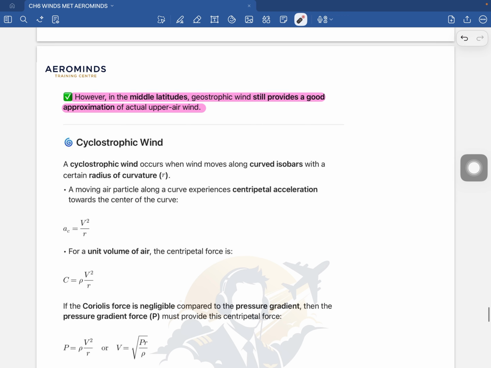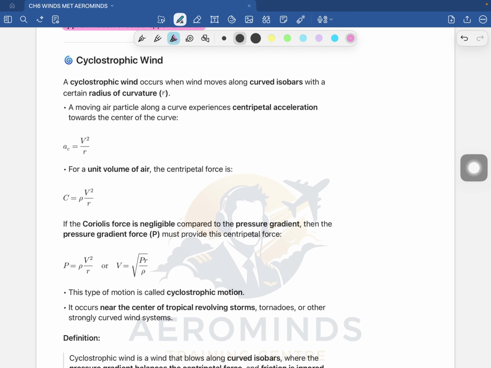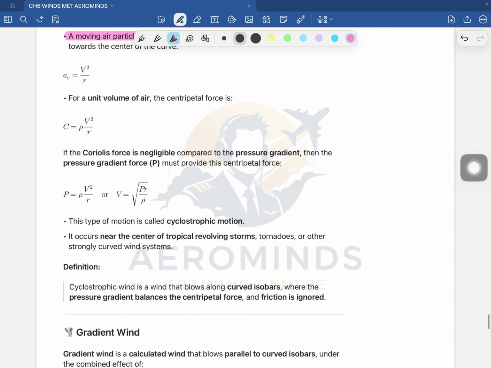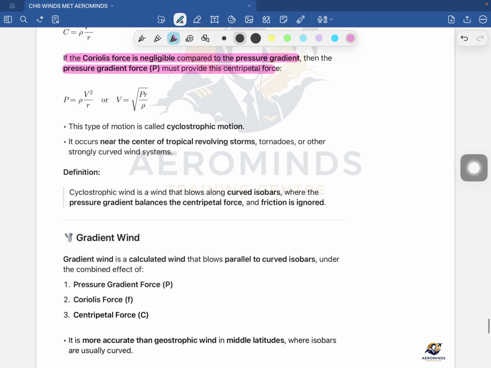So we'll mark this: a cyclostrophic wind occurs when the wind moves along the curved isobars with a certain radius. A moving air particle along a curve experiences certain centripetal acceleration towards the center. If the Coriolis force is negligible compared to the pressure gradient, then the pressure gradient must provide this centripetal force.